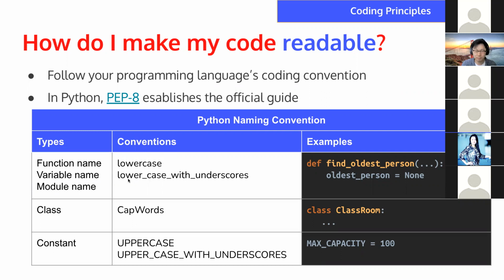This can sometimes be called snake case, because if you have a lot of underscores, it may look like a snake. I think that's where it comes from, I'm not sure. But an example here is if you have a function called find oldest person, this is how you want to declare it, with underscores.